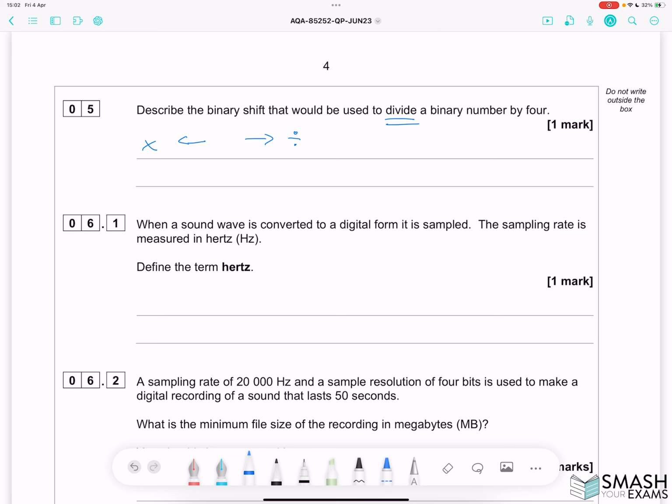It will halve. So if we're going to divide the number by 4, we need to move to the right again. So our final answer would be that we shift the number to the right by 2 places. And something like that would be sufficient for you to pick up the marks there.